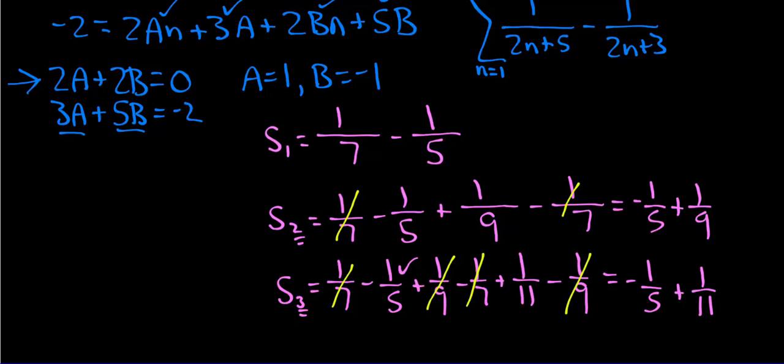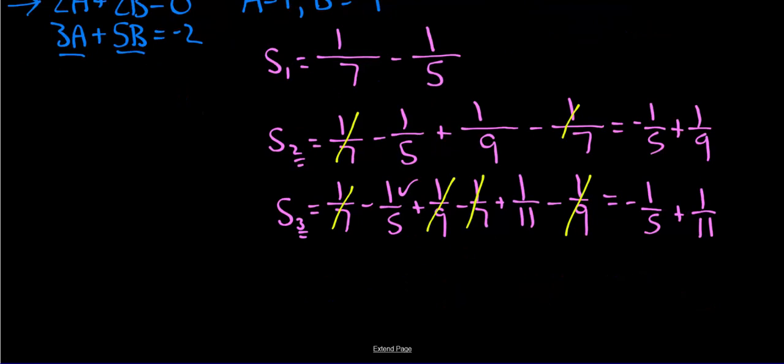Let's say S sub k. I think this negative 1/5 is there to stay. But what happens with the other term? With 11, what if we do 3 times 3 plus 2? That's 9, 10, 11.